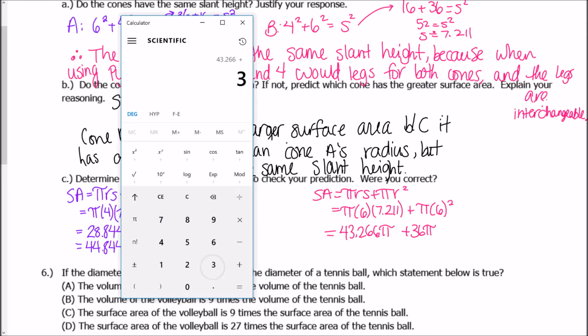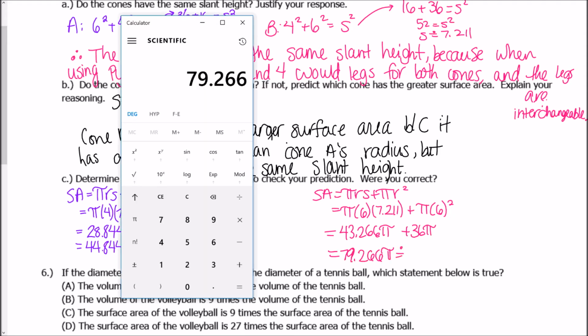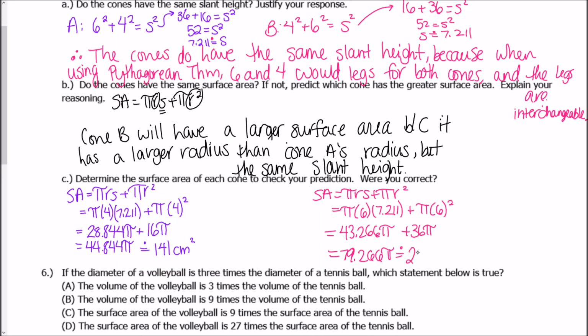So when I add 36 pi to that, 43.266 plus 36, I end up getting 79.266 pi. And then when I multiply it by pi, I get approximately 249. So this here would be approximately 249 centimeters squared. So was your prediction correct? Yes, it was. Okay. And that's it for question number 5.